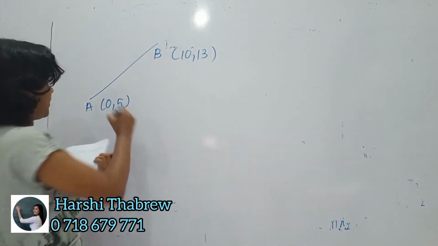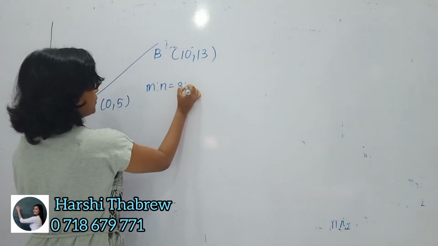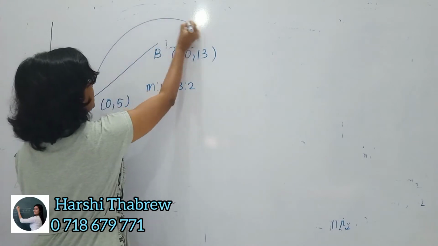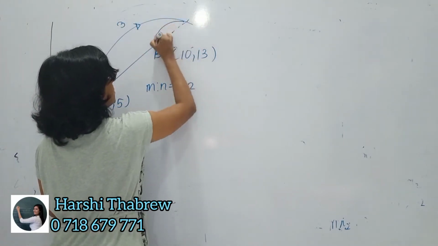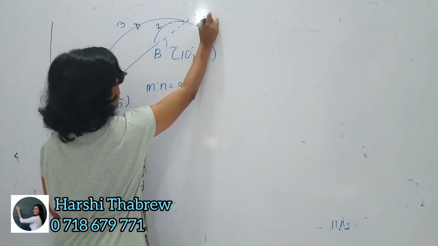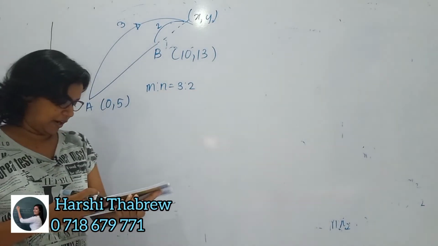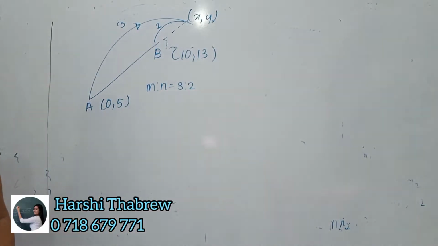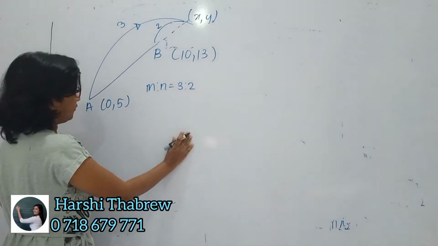The ratio m to n is 3 to 2. The coordinates of this point are given as (x, y). You have to find x plus y, the sum of x and y. So, you should find x and y first.